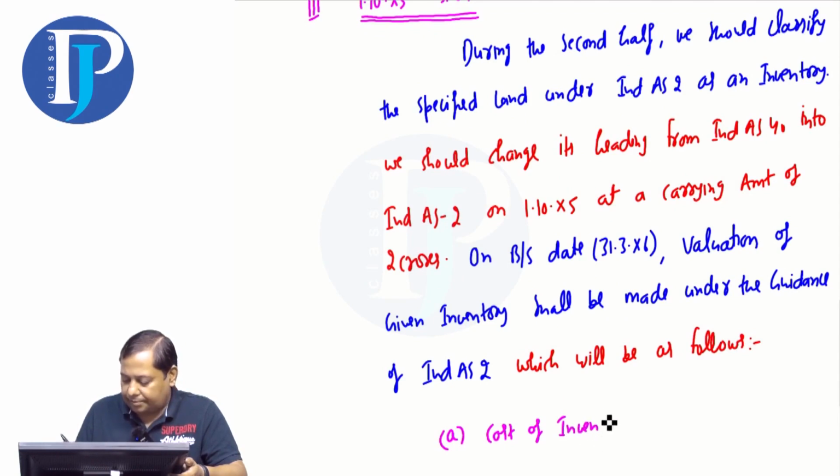Cost of inventory. This is for land, this is for construction. So it's 2.6 crore.